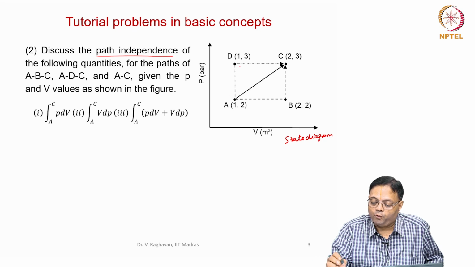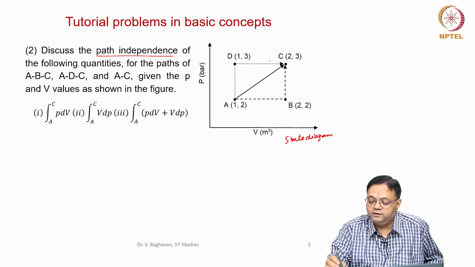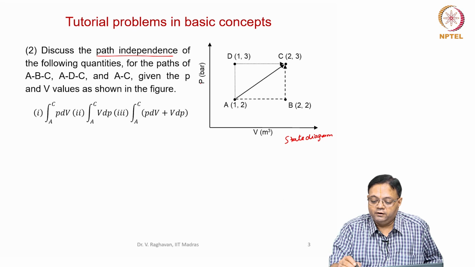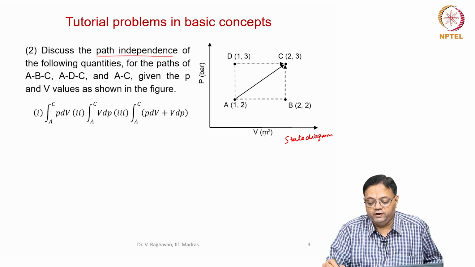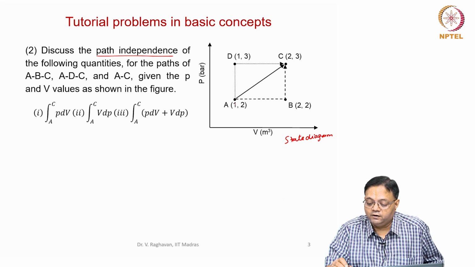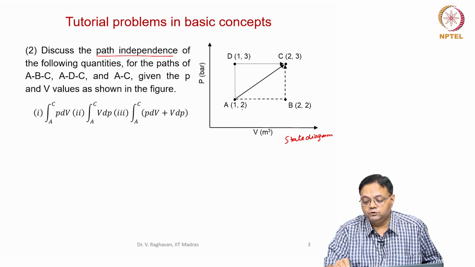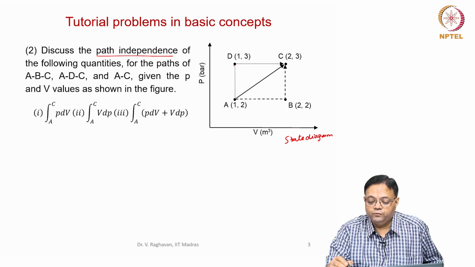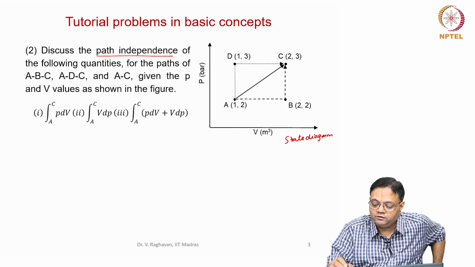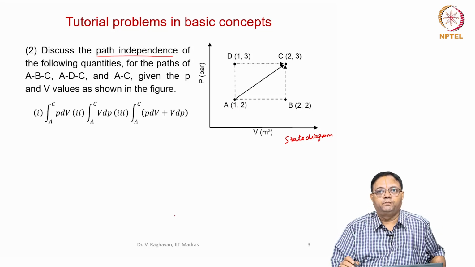Now I have 4 points here, A, B, C, D, and the y axis is P, x axis is V. You can see that at A, the volume is 1 meter cube and P is 2 bar. Similarly, at D, volume is 1 meter cube, P is 3 bar, and so on. So, A, B, C, D are all state points.